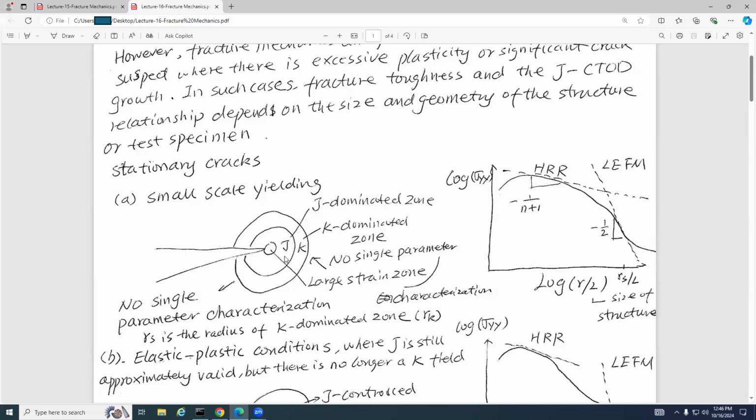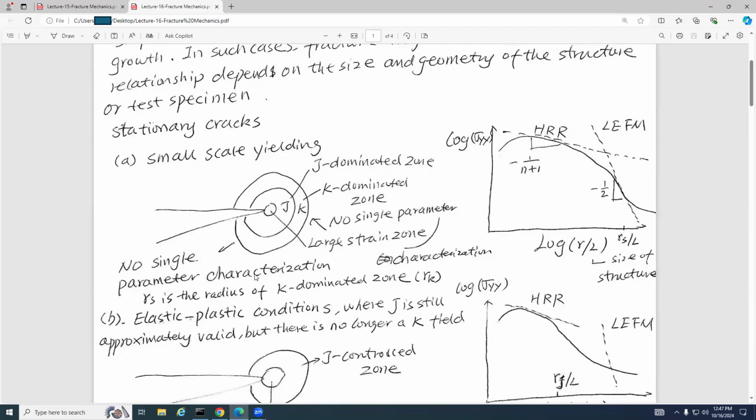This is the J dominated zone. This is the large strain zone. If the strain is large, this is the largest strain zone. So here, there is no single parameter characterization. But within this area we can use K to describe, and within this area we can use J to describe. So this is small scale yielding.